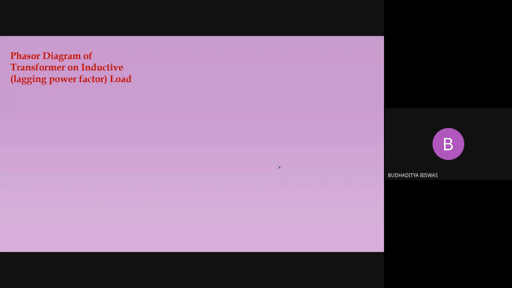What do you mean by lagging? Just by the term lagging, which one is lagging? This is the basics of AC fundamentals. What is called lagging?